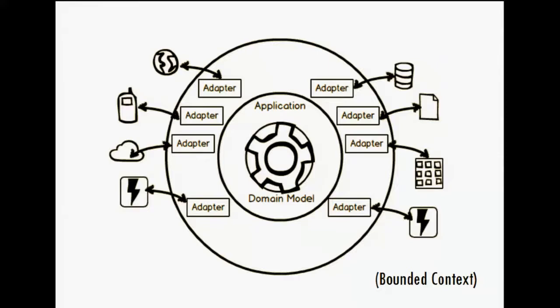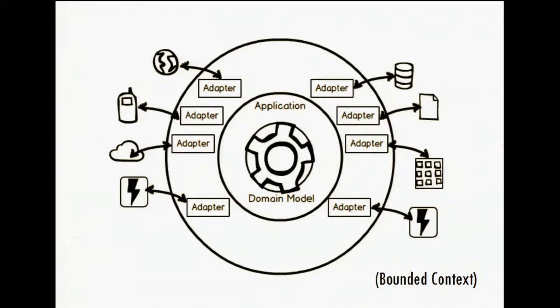And if you were to name this architecture, it's been named hexagonal, but I've drawn it in a circle, so there's no hexagon there. Some people might call this onion architecture, but if you want to get away from the shapes that you must draw the architecture in and just give it a useful name, it's called ports and adapters.